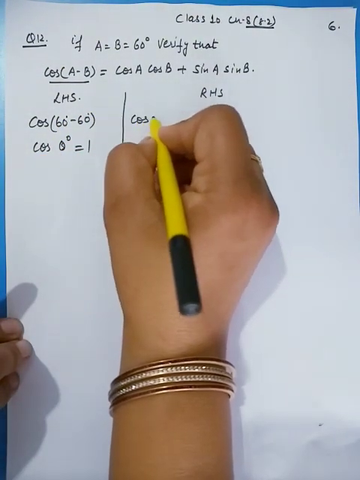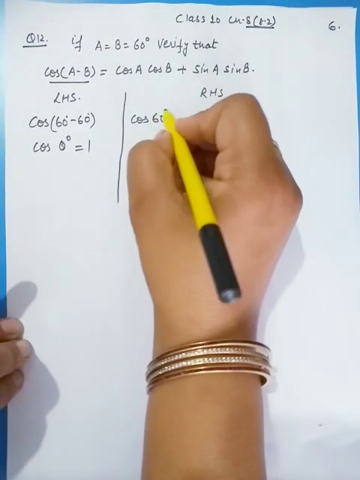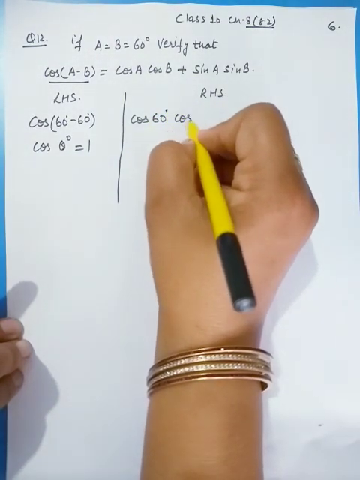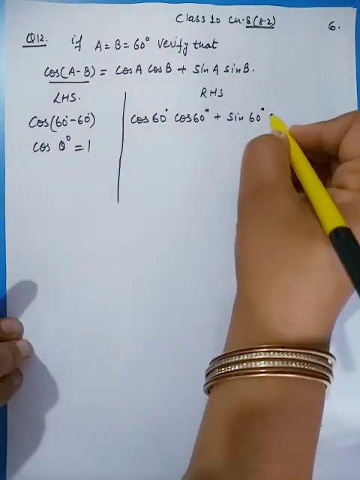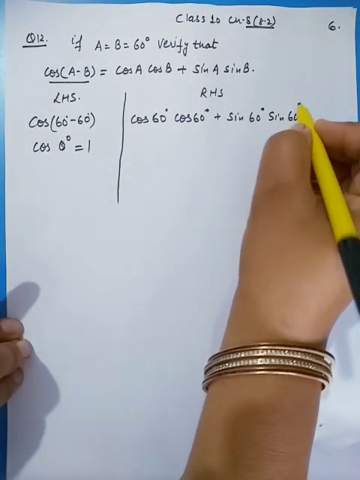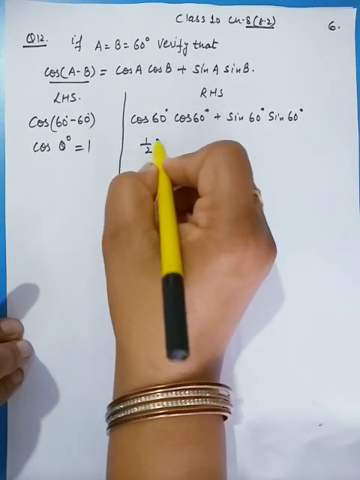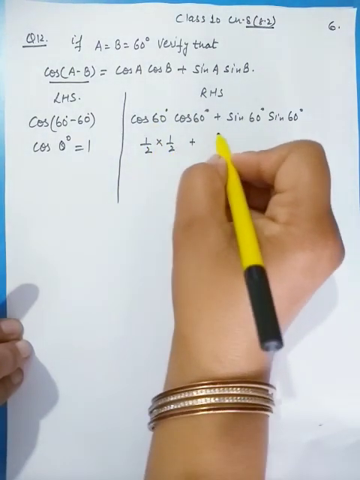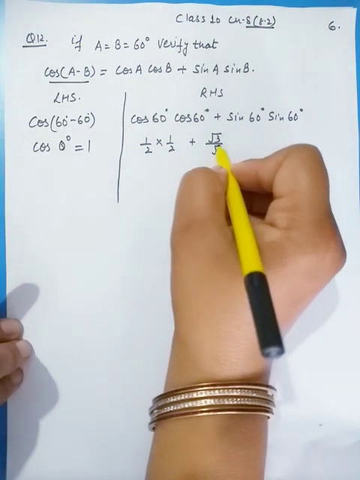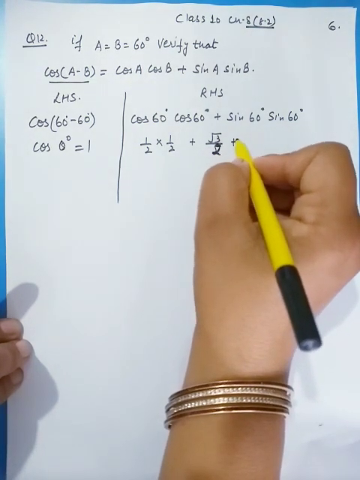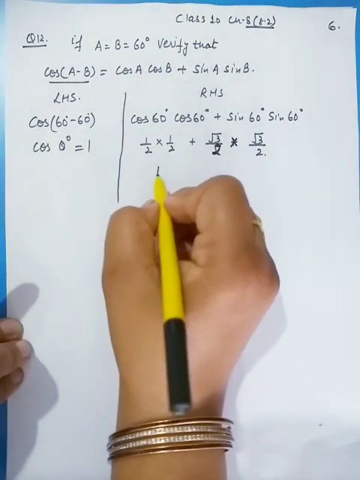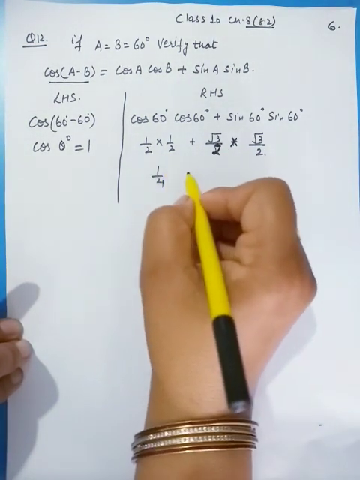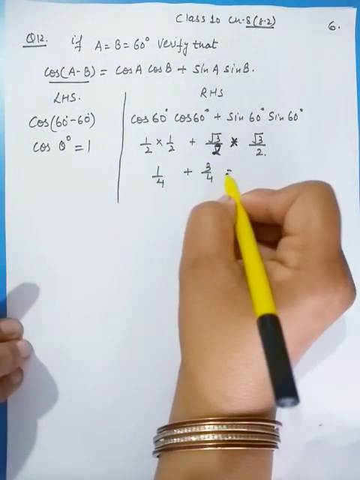Again putting the values in right hand side, it will become cos 60 cos 60 plus sin 60 sin 60 degree. Cos 60 is 1 by 2, 1 by 2. Sin 60 is root 3 by 2 into root 3 by 2. On multiplying these we get 1 by 4 plus 3 by 4.